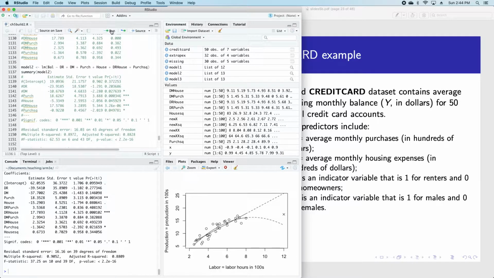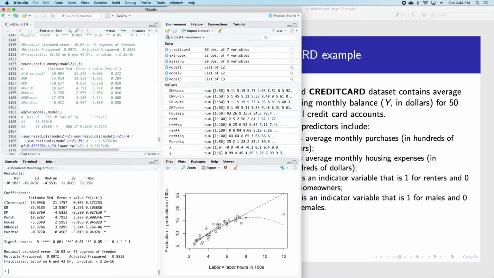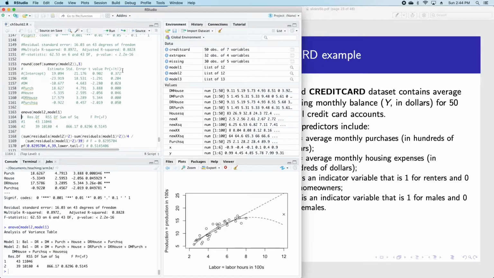Okay, so let's fit that model with those predictor terms that we just talked about removed, and then if we summarize this model, everything has a significant p-value at the 0.05 level except for dr, but that doesn't matter because I've got dr house in the model, so I'm going to retain this for hierarchy reasons. Let's just do a quick nested model f-test to make sure that what we did was okay.